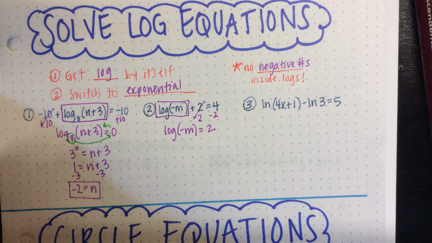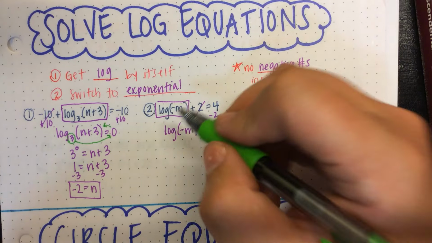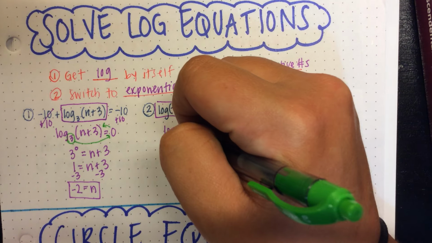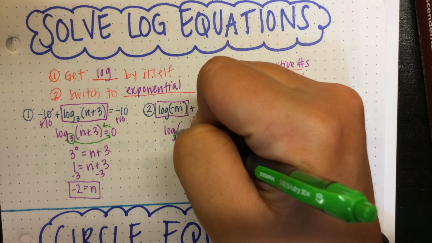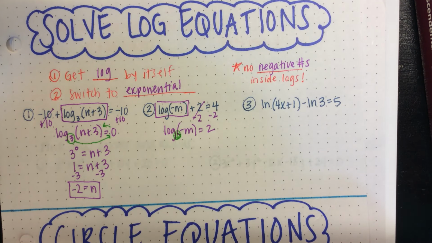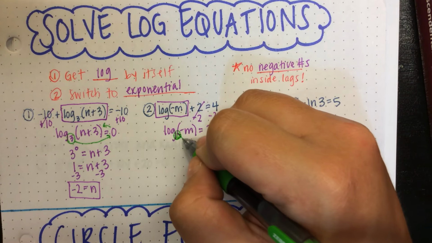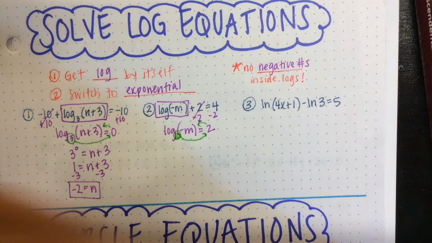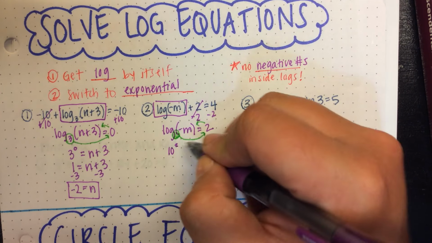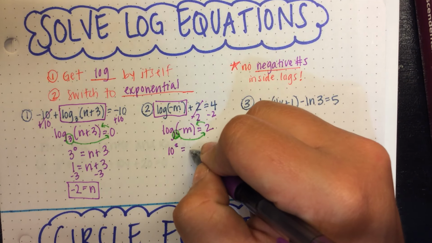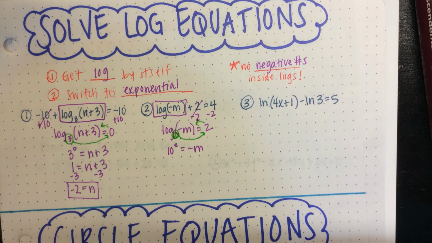And then I'm going to switch to an exponential. Now this one looks weird because I don't have anything down there. But remember, the base, if there's nothing written there, it's our common log of base 10. So I'm going to start at my base 10, go around the world, and come back. Right? So then I have 10 to the second power equals everything inside, which is just negative m.